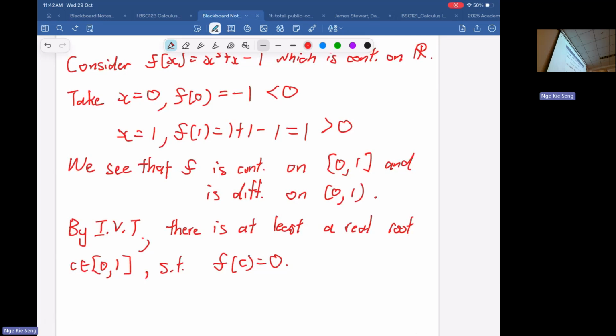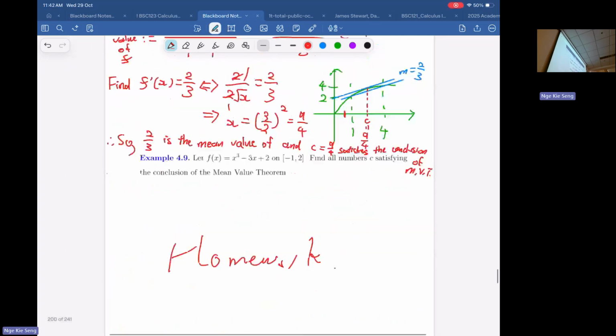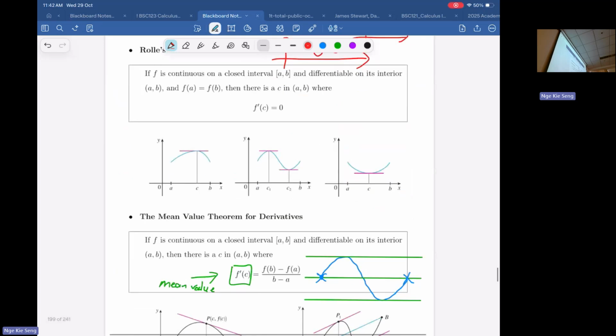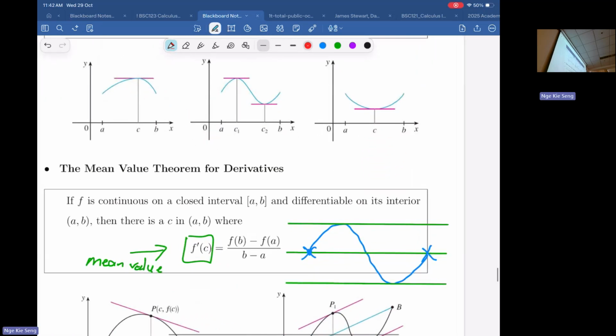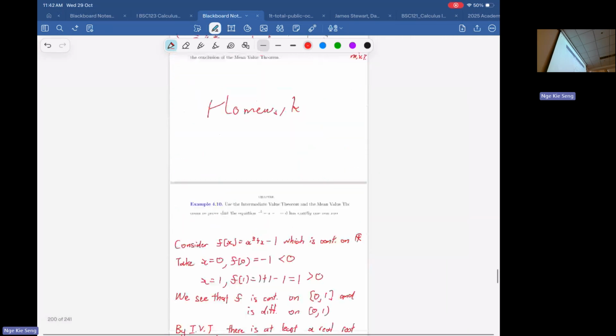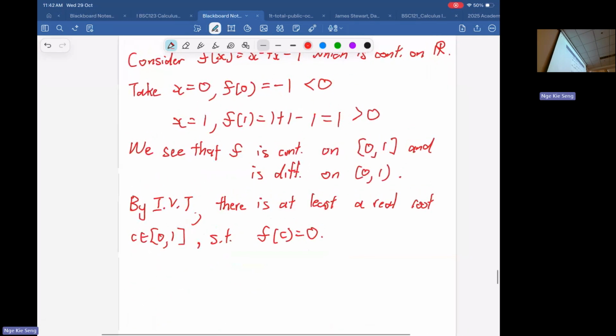It just says there's one. But now we want to show that there's exactly one, only one. So we're going to use MVT to help us. What does the statement of MVT tell us? It says that if it is continuous, then there's some derivative that realizes the secant slope on these two endpoints.